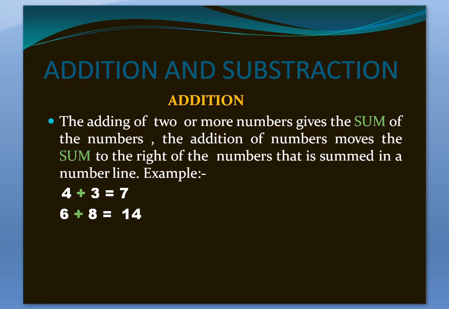Also, the addition of numbers moves the value to the right of the operands. It moves the sum to the right of the operands on the number line. For example, let's take 4 plus 3. So here we have a line.